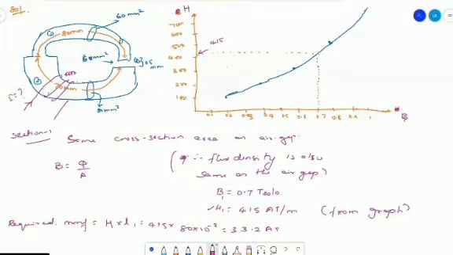Okay, so in this case we don't know the mu r, so this mu r is unknown to us. But in this case of air gap, this mu is equal to mu naught, so that mu naught is known to us. So therefore, we will be able to find the flux. So from that, let me go to the section 2 next.